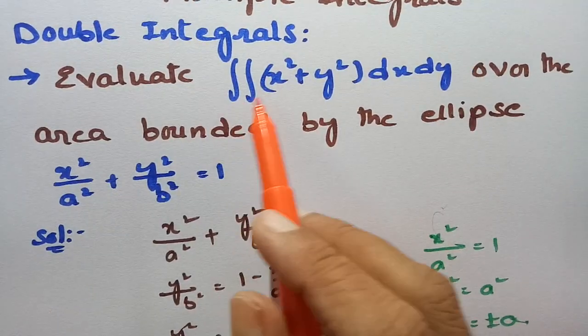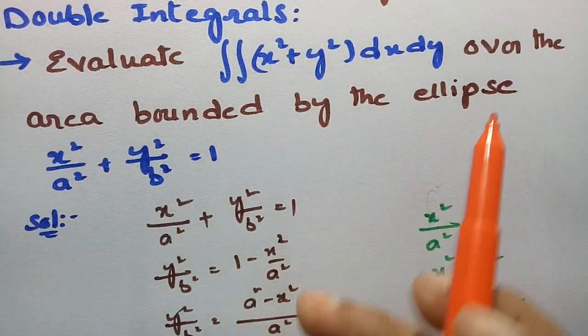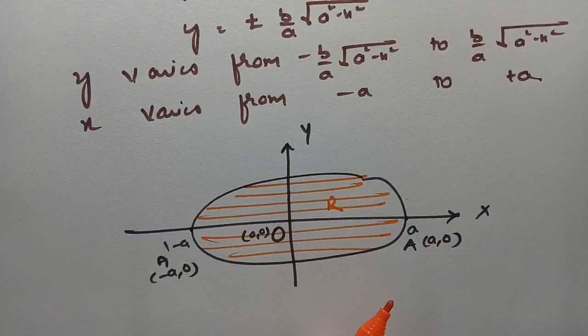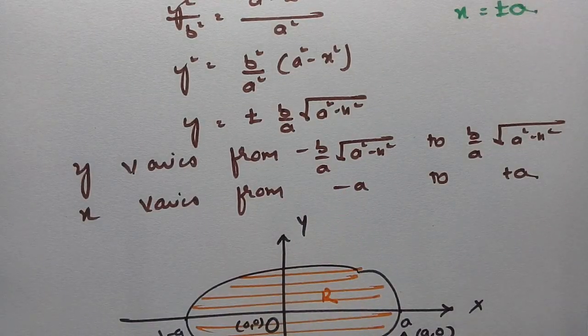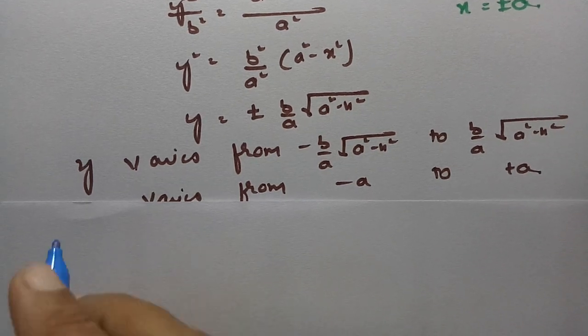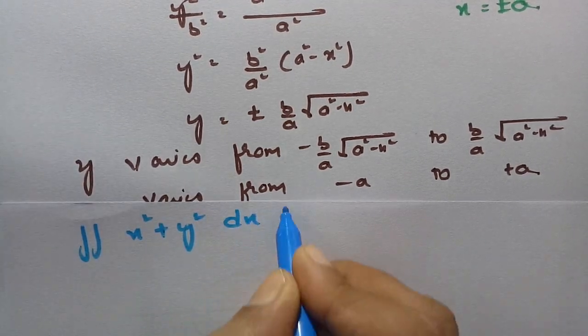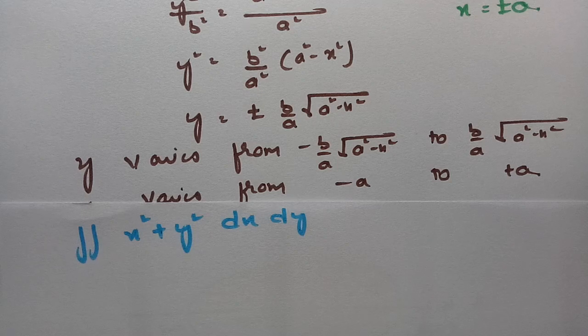So evaluate the double integral of x square plus y square dx dy over the area bounded by the ellipse. So this is the ellipse and these are the limits, and now we have to find out the area. So now we have to start with the double integral of x square plus y square dx dy. Now what are our limits here?